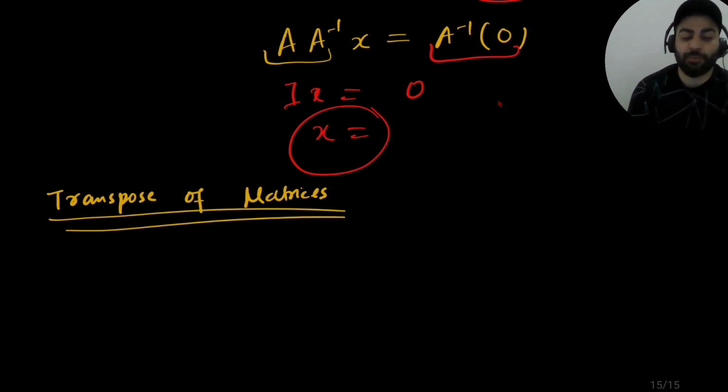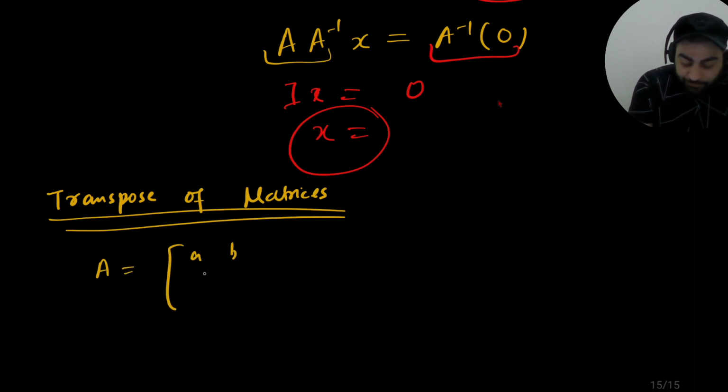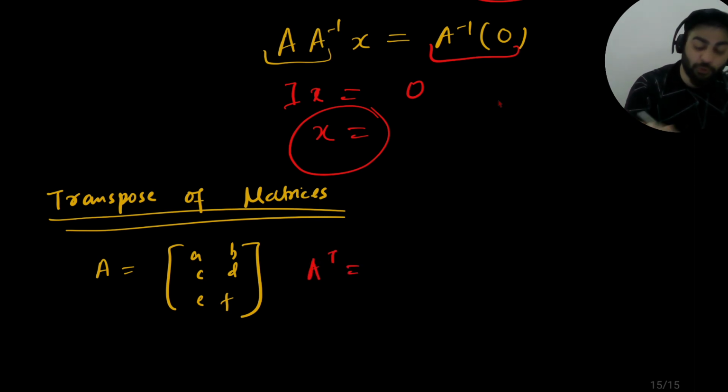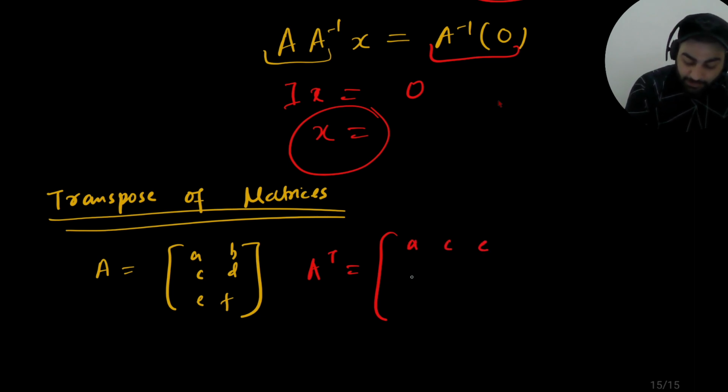So what is the transpose of a matrix? If we have a matrix A, which is [A, B], [C, D], [E, F], A transpose changes the rows into columns and columns into rows. So I'll write [A, C, E], [B, D, F]. This is what I call the transpose.